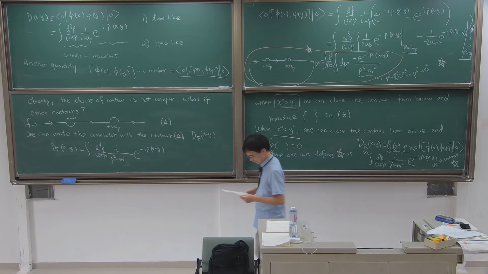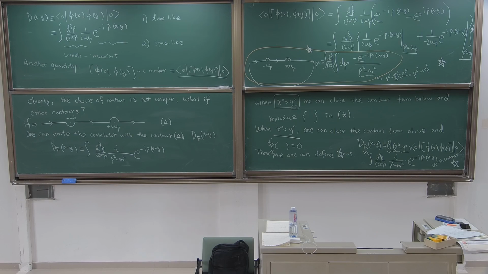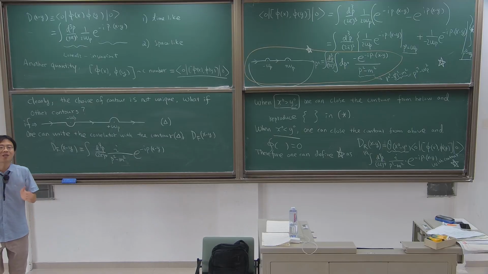Now, whenever I try to refer to a different propagator, I have to plot the two different contours. Conceptually, it's very simple.